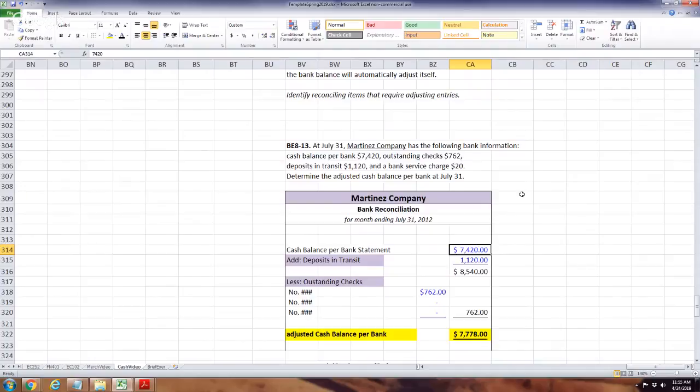Deposit in transit is $1,120. So you add these up with the summation formula. These are just entries. Anytime you see the blue font, it's just an entry. Outstanding checks that we wrote, that Martinez Company was the maker of, are going to come out, because someone's going to deposit them.